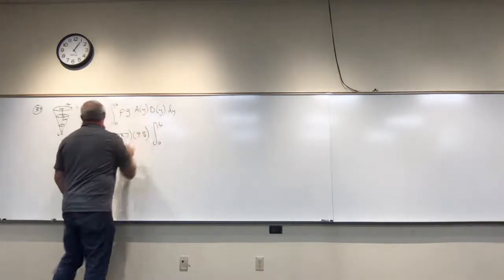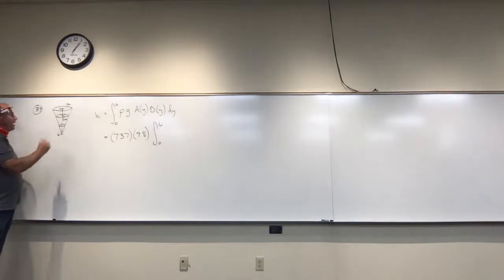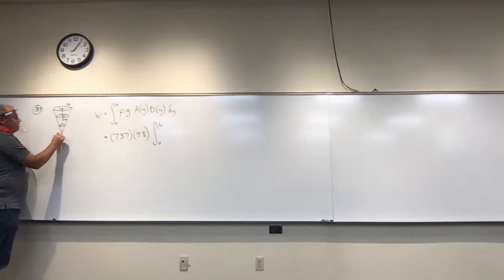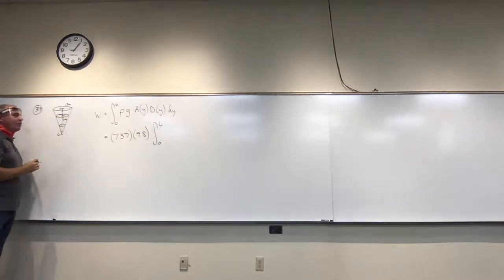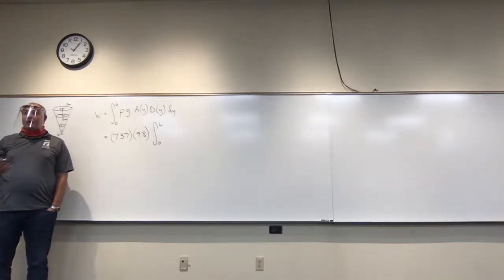And now we have to start thinking about this a little bit. How can I figure out what the area is at a point y? Remember, this is 0, this is 6. The area of this would be what? Well, first of all, what's the area of a circle? Pi r squared.